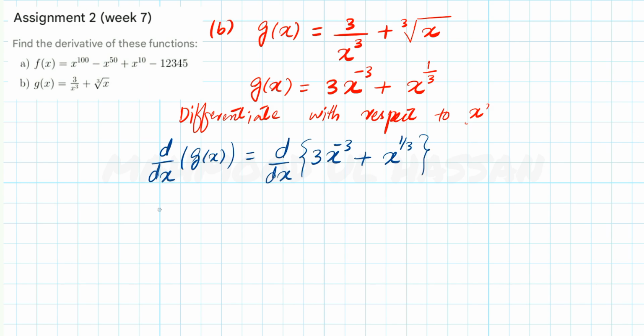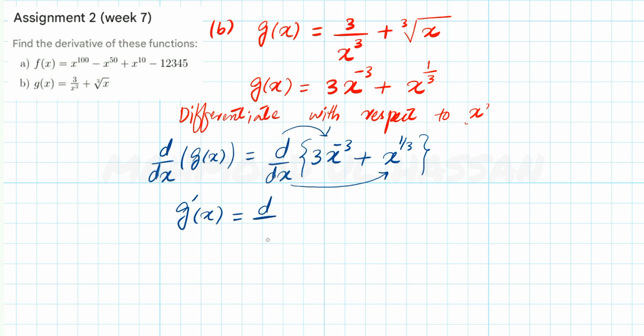On the left side that can be written as g prime of x, and on the right side we will apply the sum rule of the derivatives. It means that we have to apply the derivative to each term of the given function.